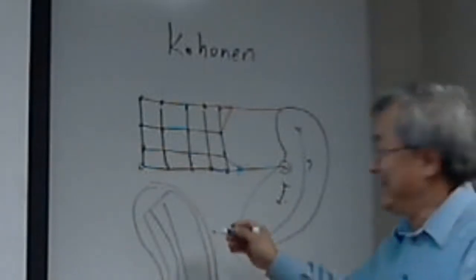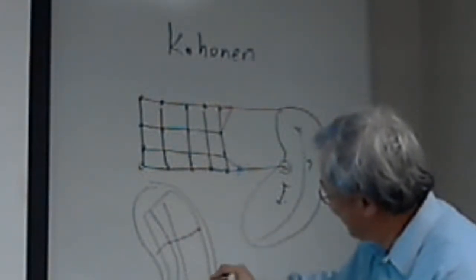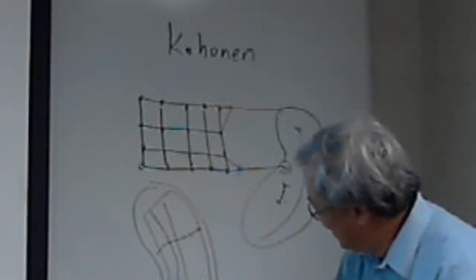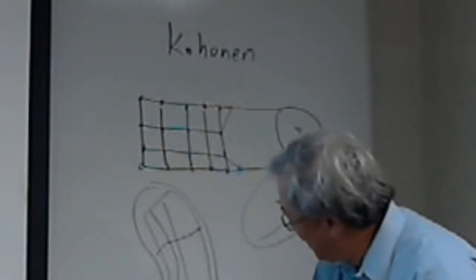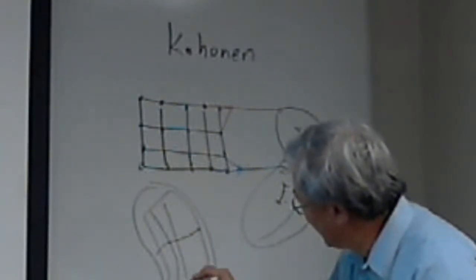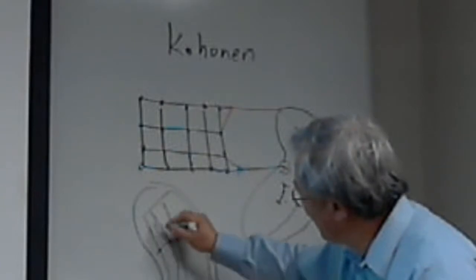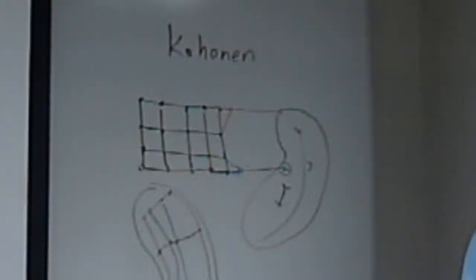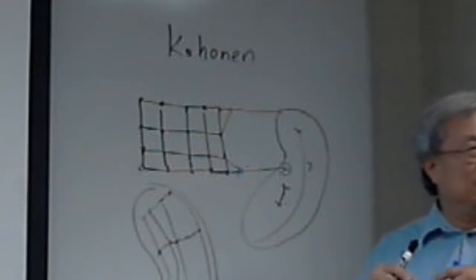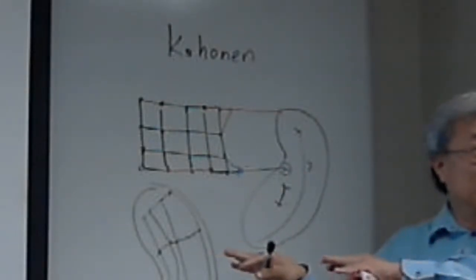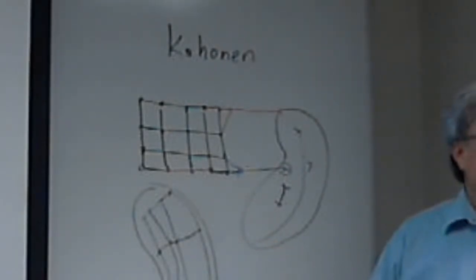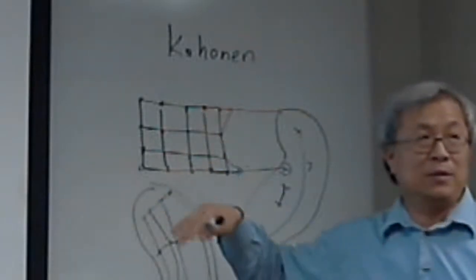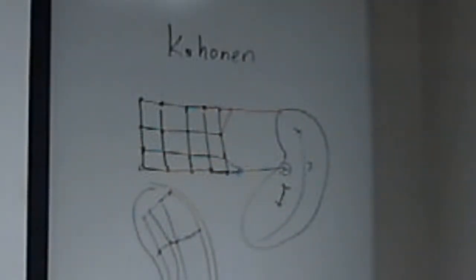So you can sort of have this topology here. This means that if two points are close to each other in high dimension, they are still close to each other in this low dimensional representation. They are more likely to be grouped into the same cluster.